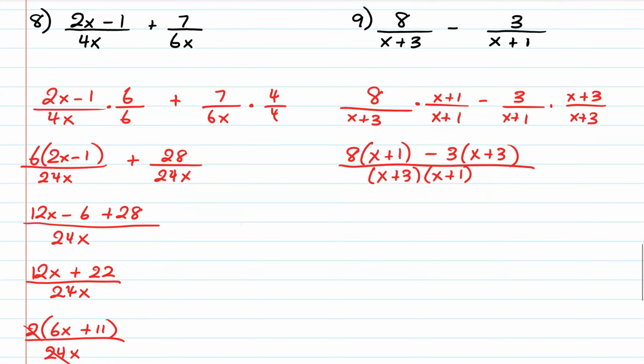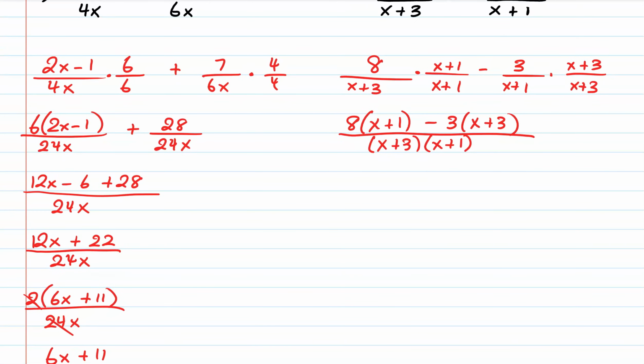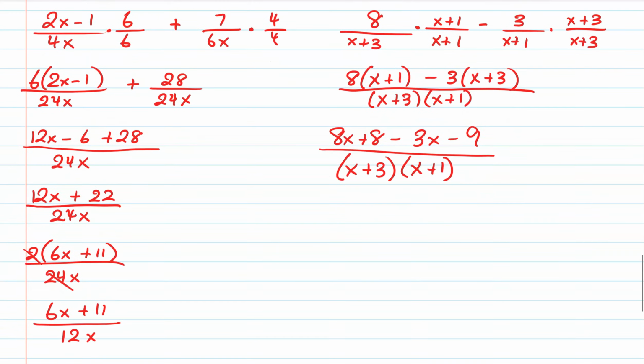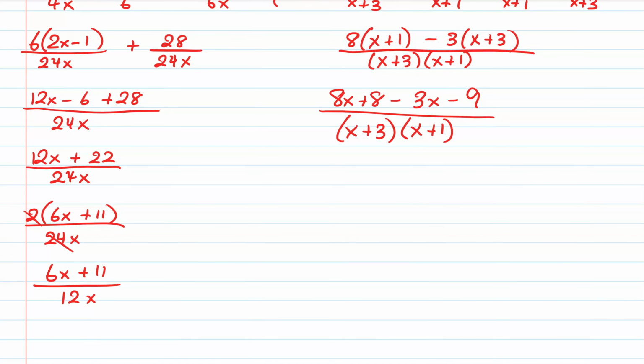Now we expand it out, so we get 8x plus 8 minus 3x minus 9 all over x plus 3 and x plus 1. We add or subtract our like terms, so we get 5x minus 1 over x plus 3 and x plus 1.